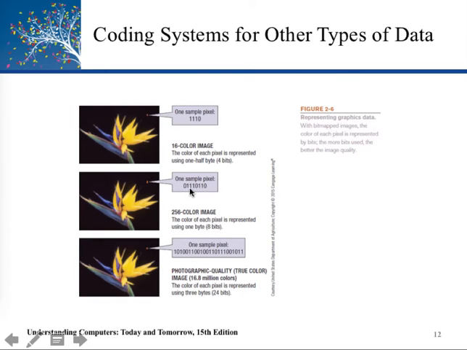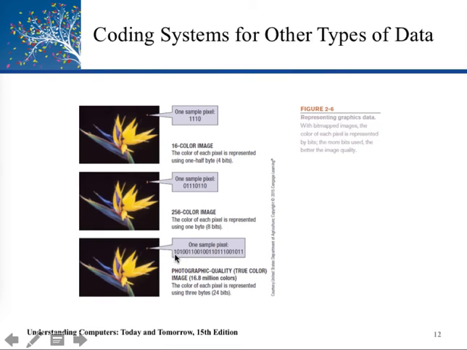This is how much information you can encode. And then photographic quality, and this is called true color. Now, true color means there's 17 million colors. Now, your eye is pretty good at distinguishing many of these colors. So to make sure we can match the ability of your eye, we have to have 24 bits to represent 1 color.